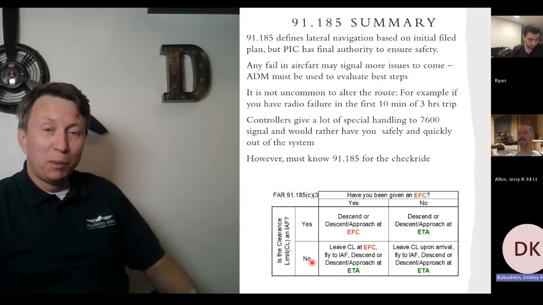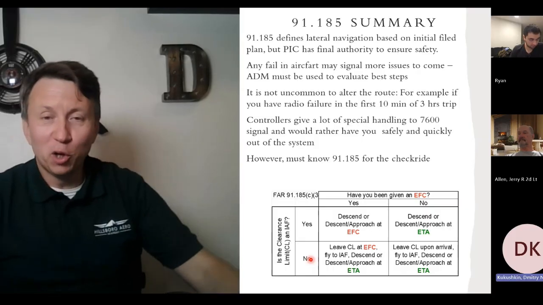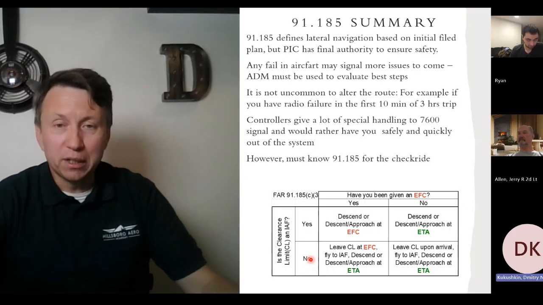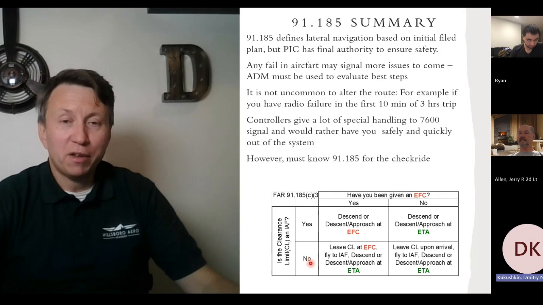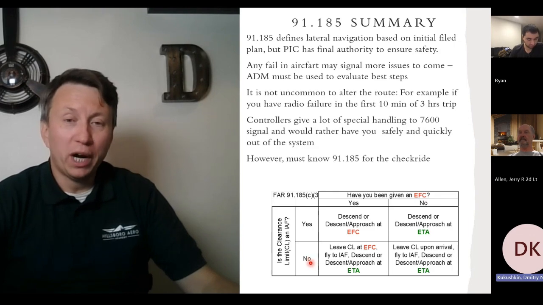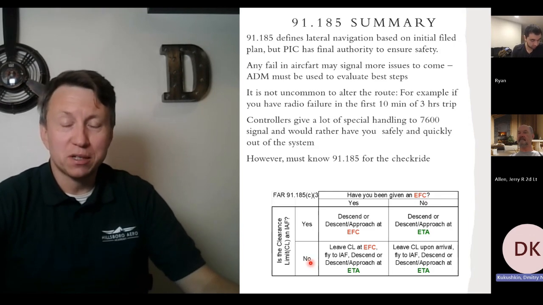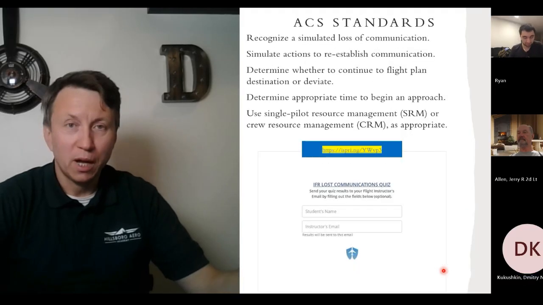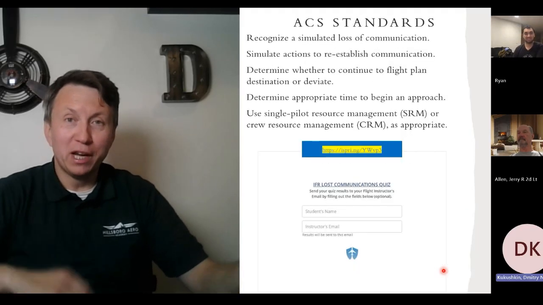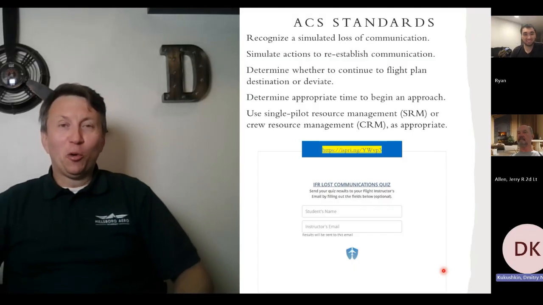If the clearance limit is the more normal human being situation, the airport, then you leave that airport and go to whatever initial approach fix of your choice and do an approach. If you were given an EFC, at that time, otherwise just ETA. That's it. And if you'd like, I'll send you a little quiz to play with.